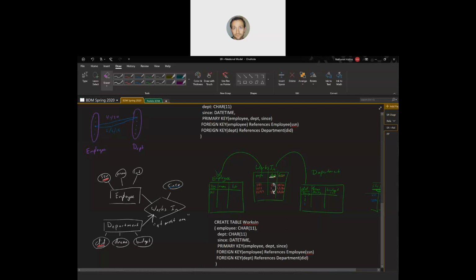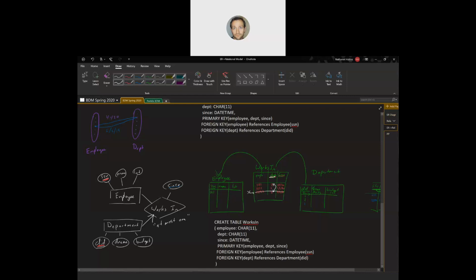So here, these two entries are not allowed together because they have the same department number in this column. So trying to add another employee to this department would be disallowed by the database management system.